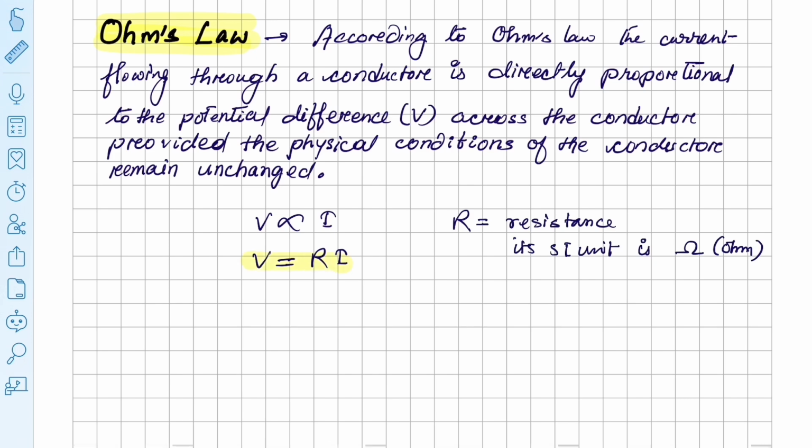So this is Ohm's law, and this is the mathematical expression.